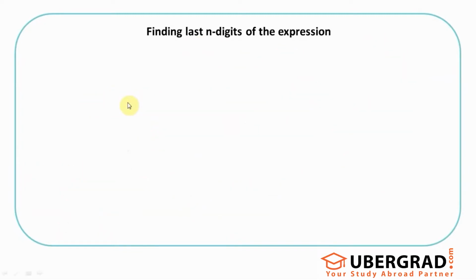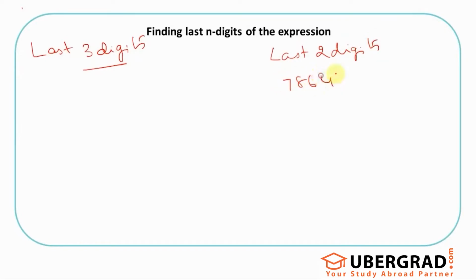If the question is asking you to find the last n digits, let's say the last 3 digits, or let's say the last 2 digits of 678643 into 123456, the one we did earlier, then because it's asking for the last 2 digits, just focus on the last 2 digits.